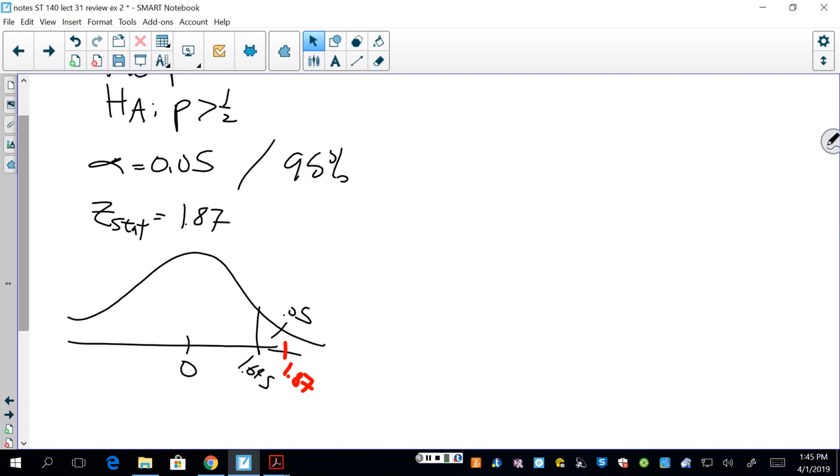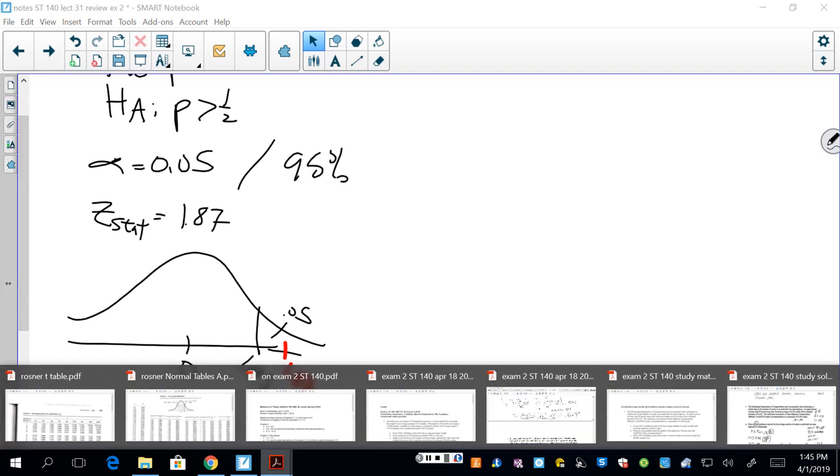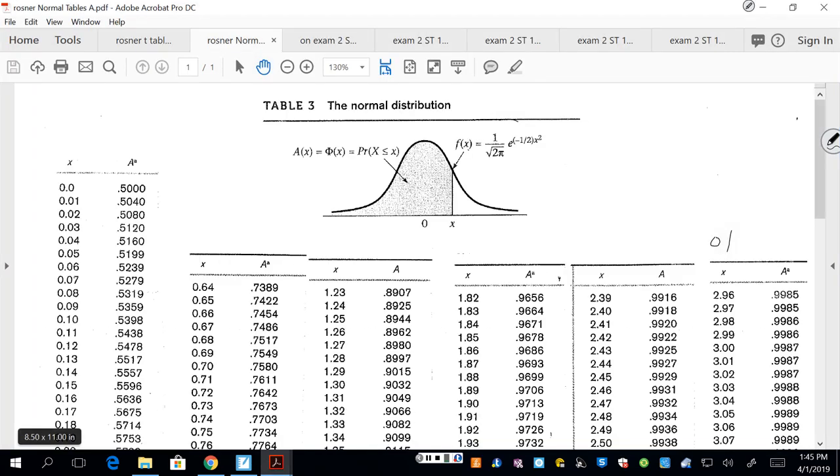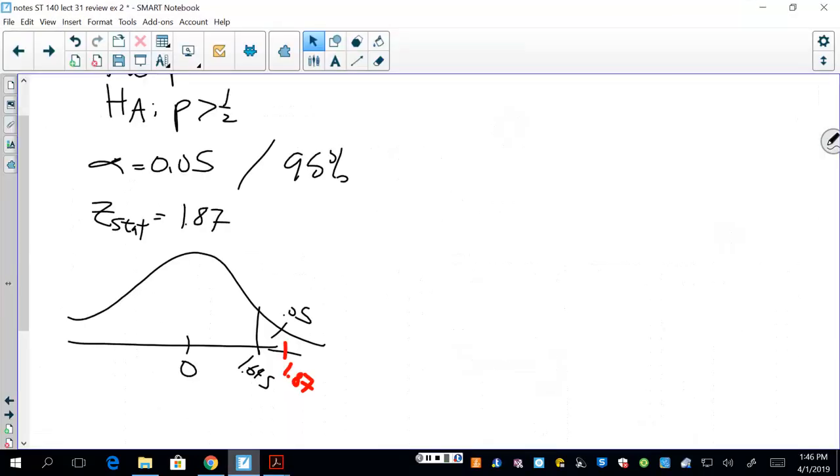On the exam, I'll give you a copy of the normal table and a copy of the t-table. So we'll be able to look at those two things. Here's this version of the normal table. The A column, and it's only really half the A column. So 1.87 has 0.9693. So the chance that a random normal is less than 1.87 is 0.9693.